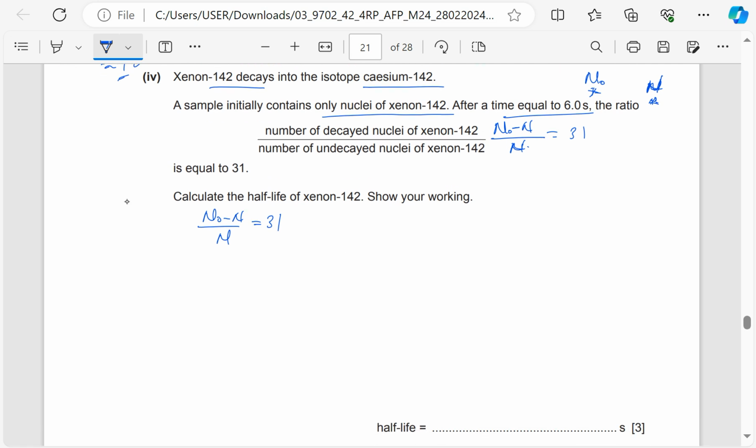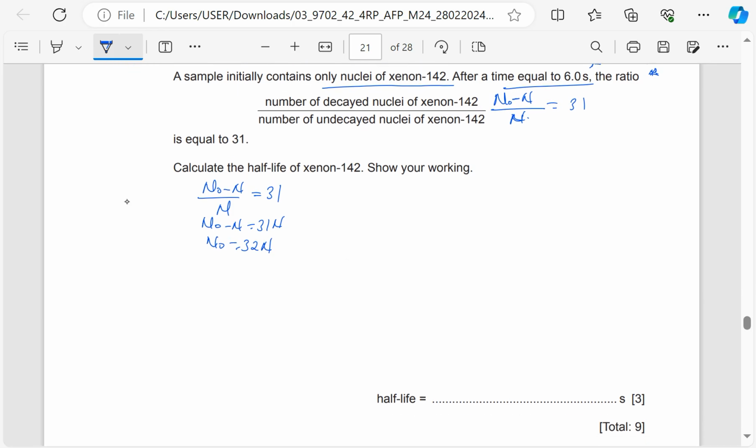So n naught minus n is equal to 31n, or n naught is equal to 32n, or n over n naught is equal to 1 over 32.